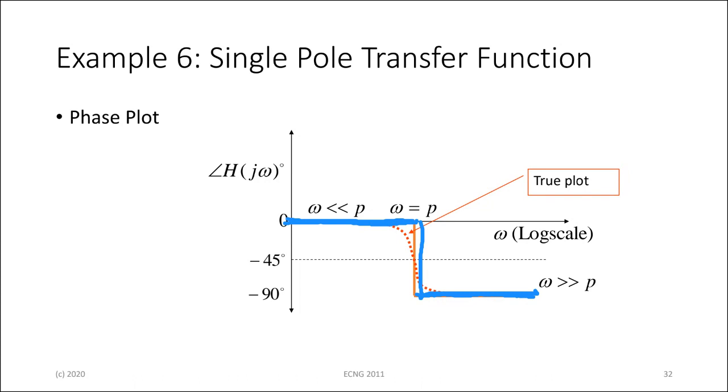We know that that isn't true, and we could calculate it, and we know in fact that it will pass through minus 45. That's the point when omega is equal to P. It actually passes through minus 45, but it changes somewhat gradually between the two extremes. And we met that when we did a first order filter plot yesterday afternoon.